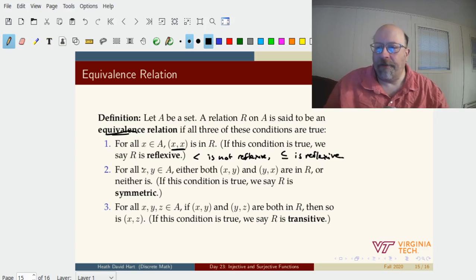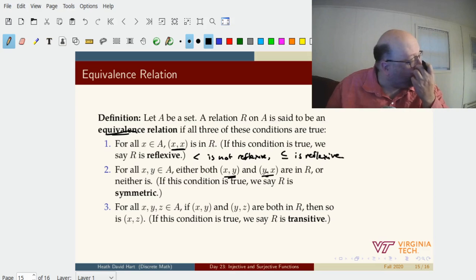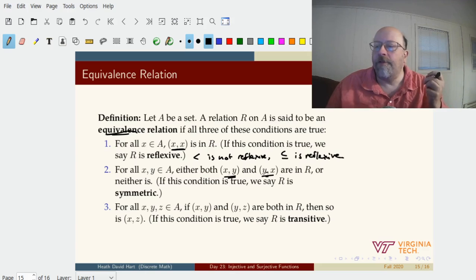The next condition for an equivalence relation: if I have two different numbers, (x, y) and (y, x), either they're both in R or neither one is. And we say that if that's true, then R is symmetric. And so equals is symmetric: if 3 equals 5, then 5 equals 3.